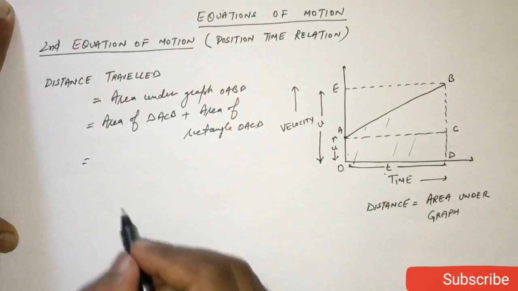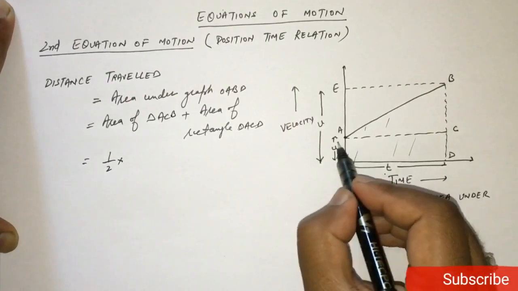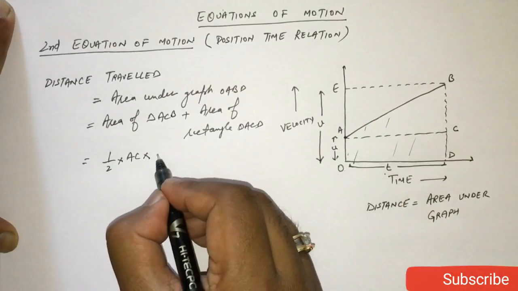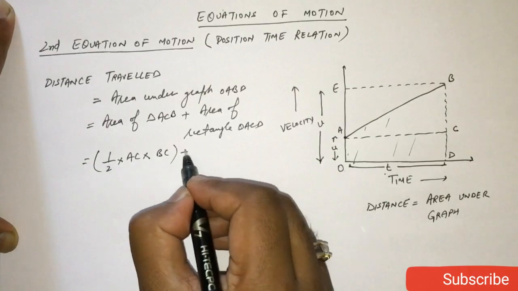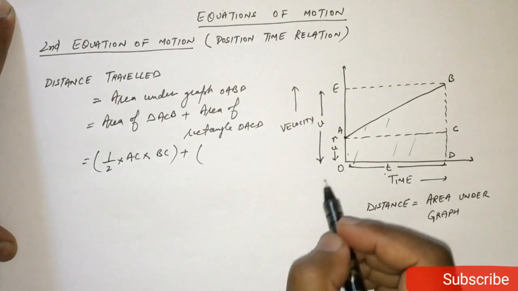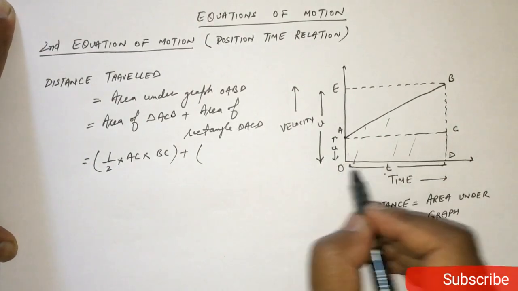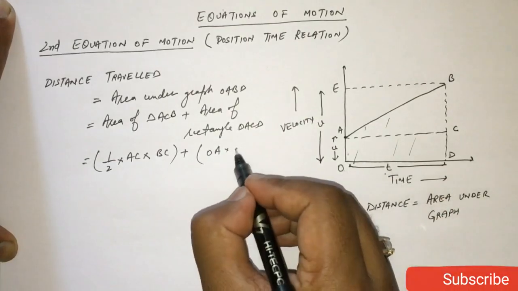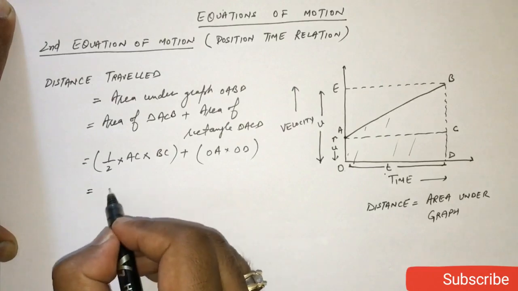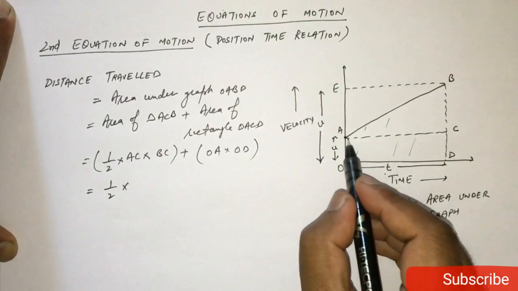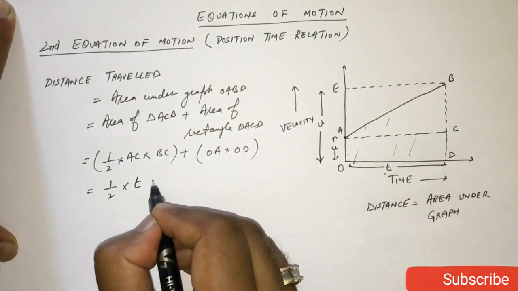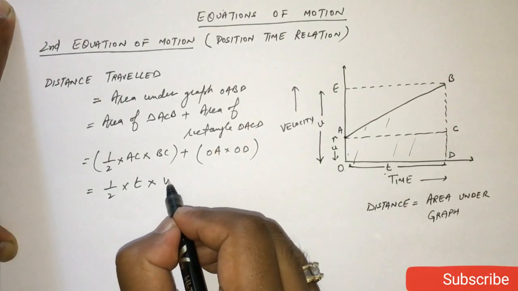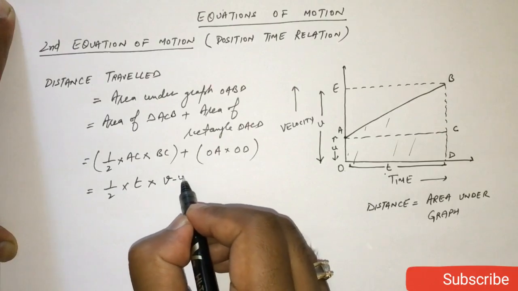The area of a triangle is half into base, meaning AC, into altitude, that is BC, plus the area of this rectangle is length into breadth, meaning OA into OD. So it becomes half. The value of AC is t, the value of BC that we calculated in the previous equation is v minus u.